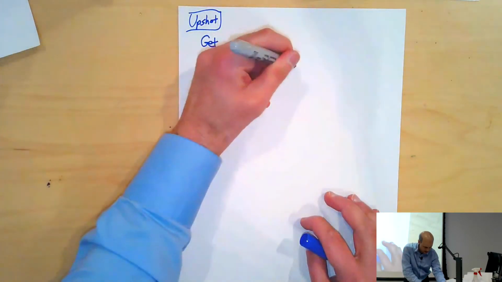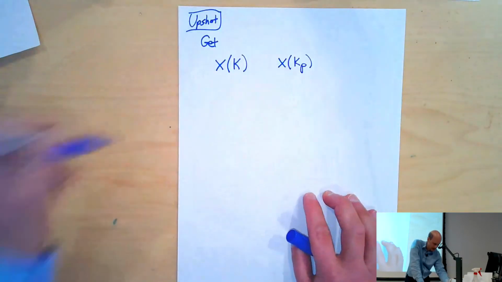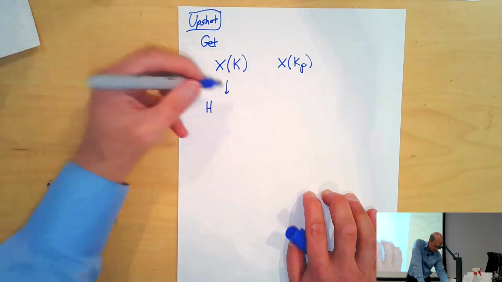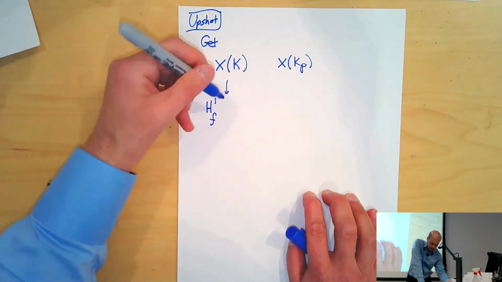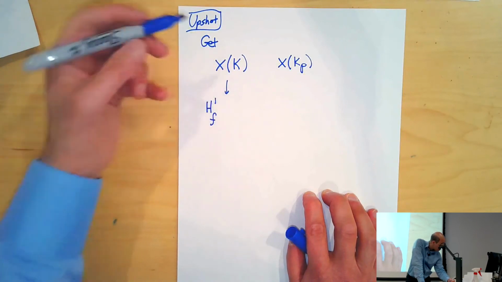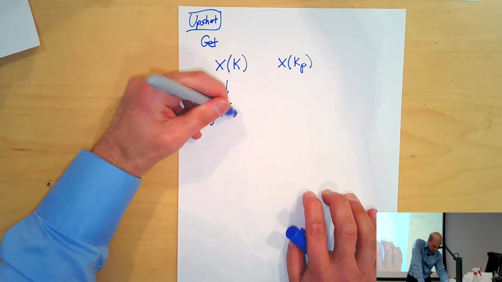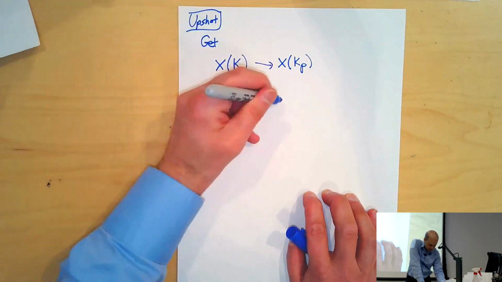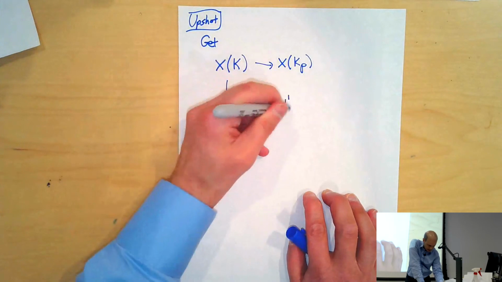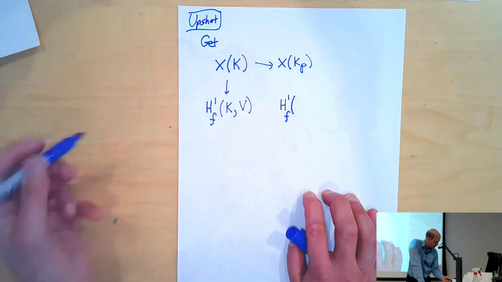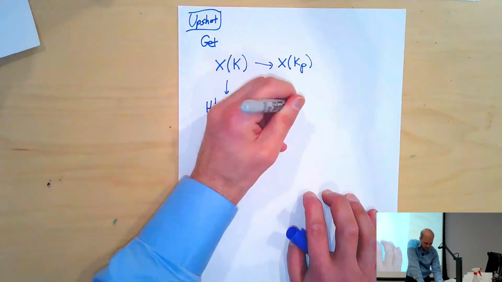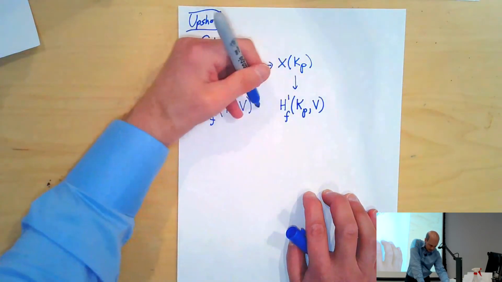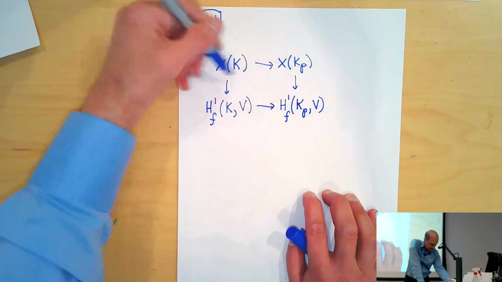So you have X of K_p, and now this maps down to this Bloch-Kato Selmer group, which is the substitute for the Mordell-Weil group of the Jacobian. So this is a global thing. On the other hand, you have this local thing, which is the substitute for the group of local points on the Jacobian. And now you want to intersect those two things in here to bound this.